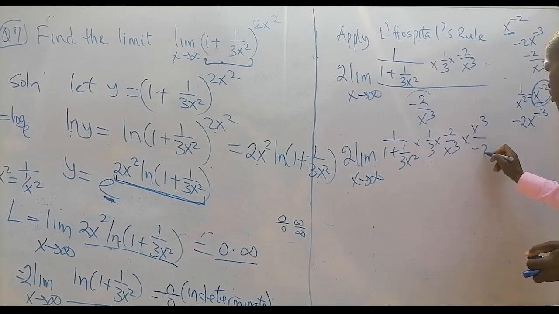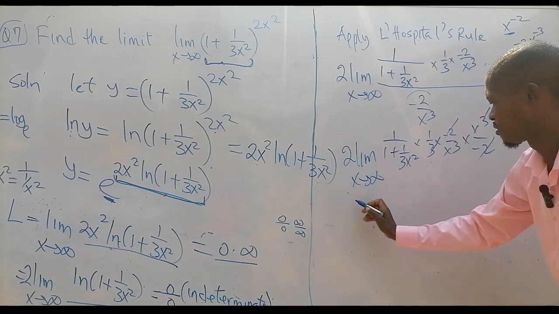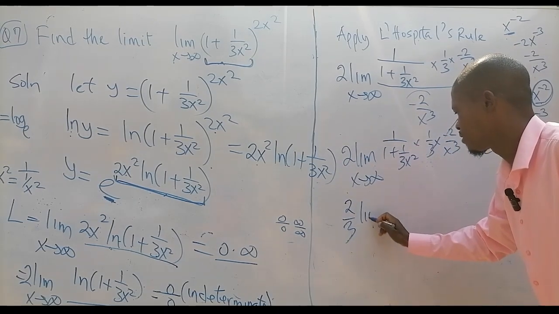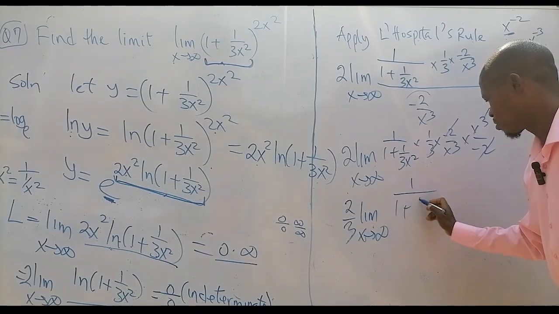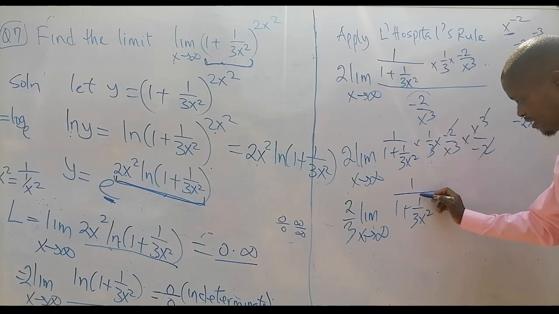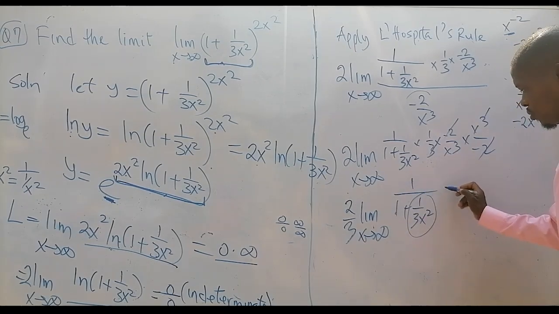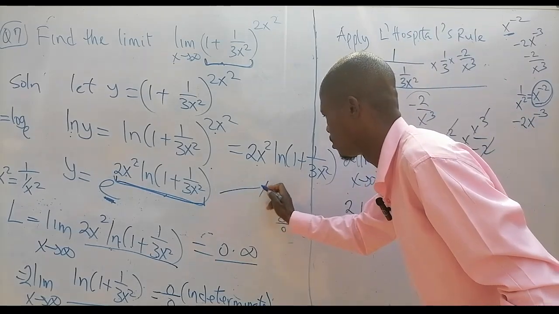The minus 2 cancels itself, and the 3 also cancels. This 3 here can go to the front, so I have 2 over 3 times the limit as x tends to infinity of 1 over 1 plus this term. Then do your direct substitution. This will give you 0, so 1 over 1. So your answer is 2 over 3.